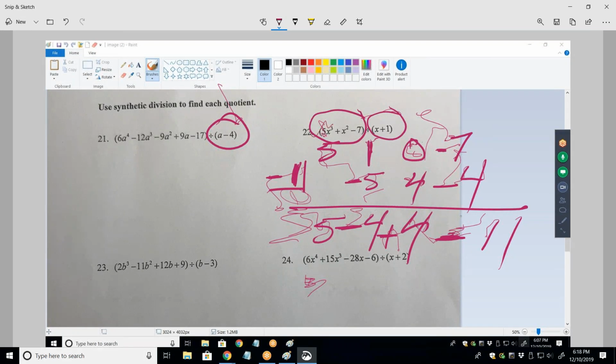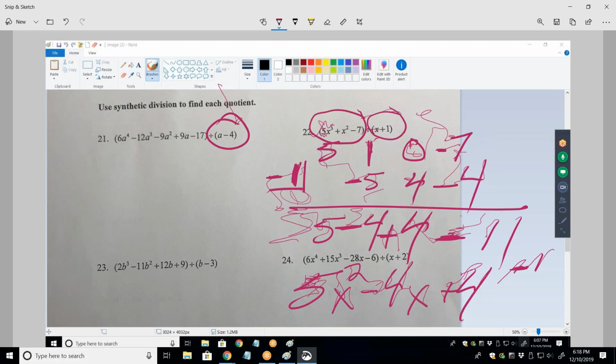Because we're dividing a cubic by a linear, this is 5x squared minus 4x plus 4 with a remainder of minus 11, which is always divided by what you were dividing by. So that's the answer right there, the very bottom.